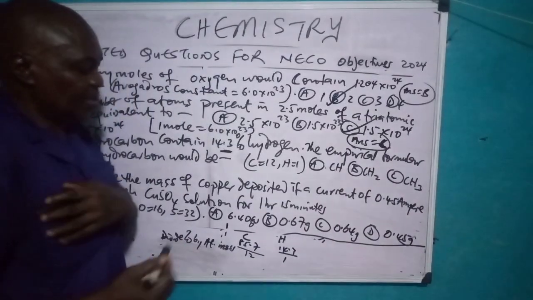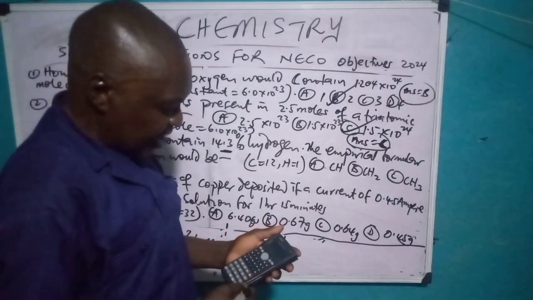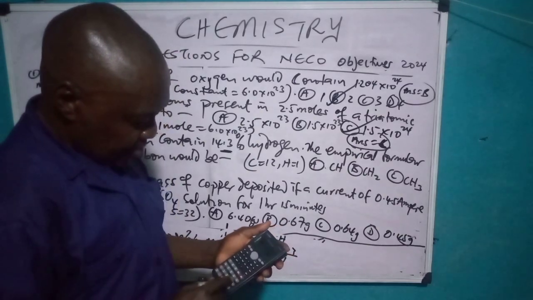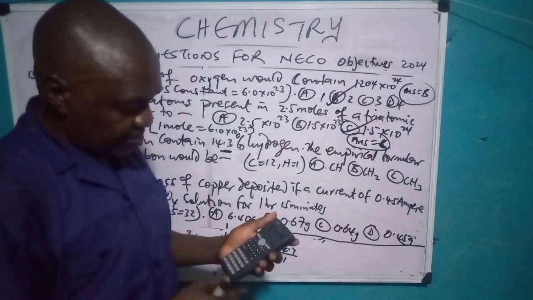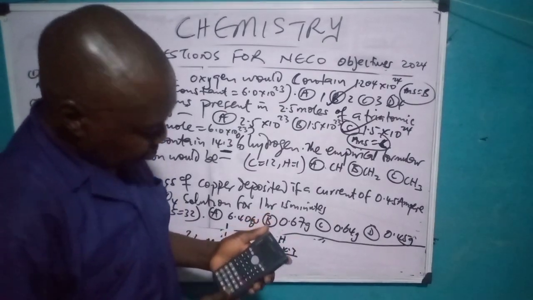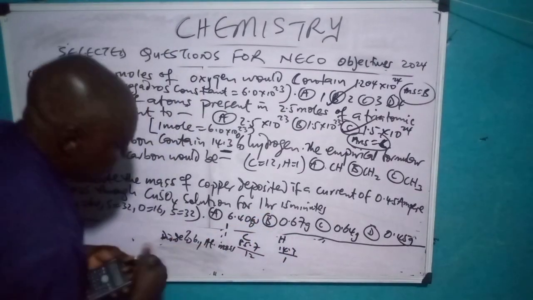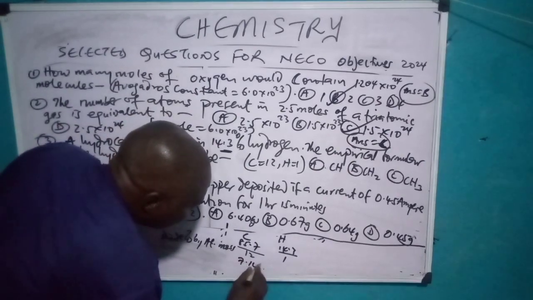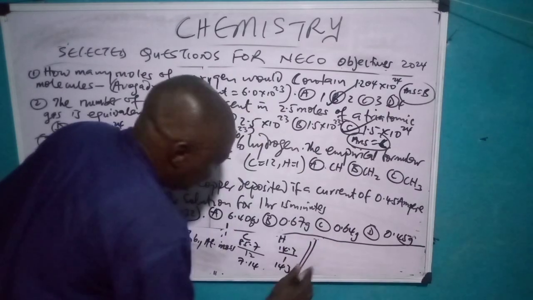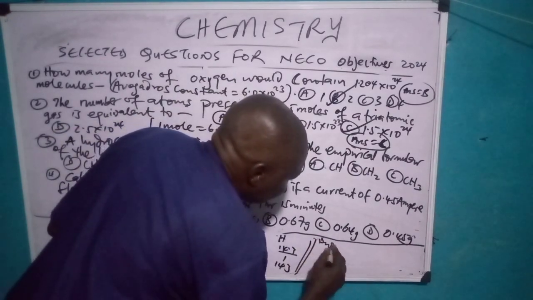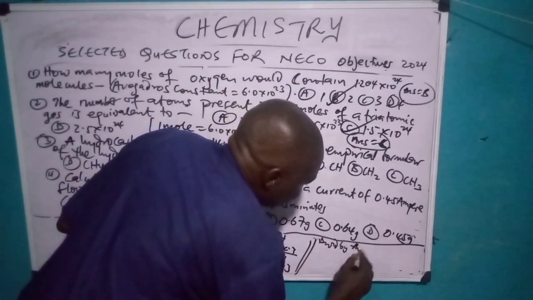Let's divide it and see what we have. 85.7 divided by 12, because the atomic mass of carbon is 12, gives 7.14. You have 7.14, and this one is 14.3. So when you want to do it, you will now say divide by the smallest.